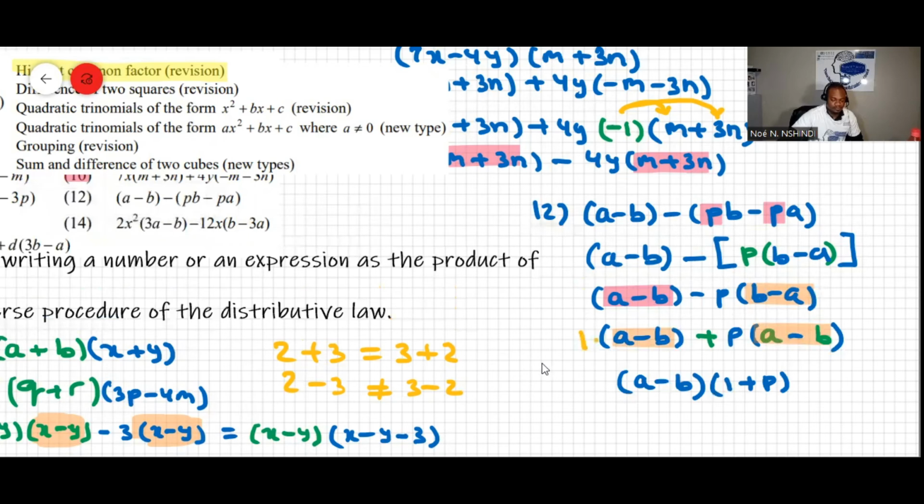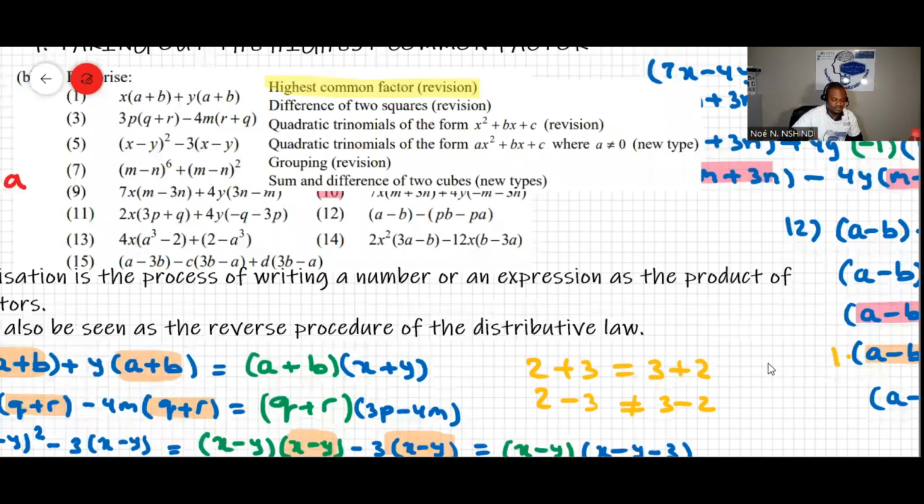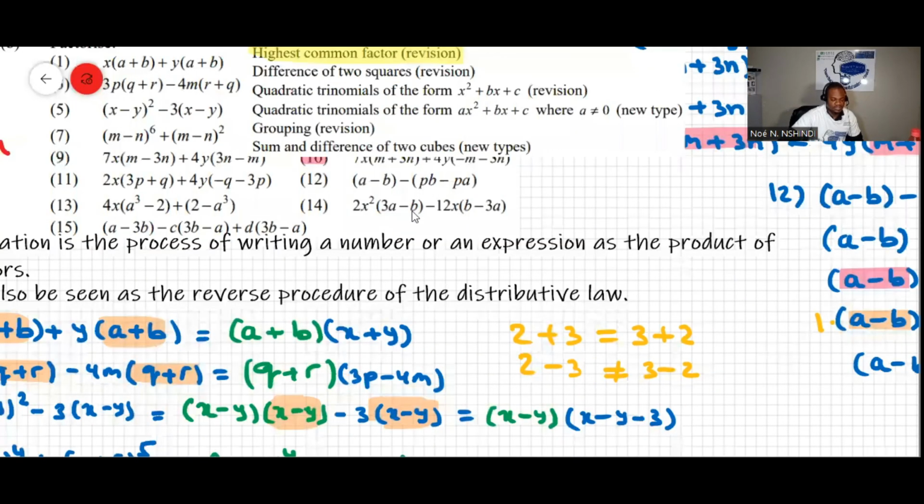The other question, 13. Here we do the same thing as we did in the other questions. We're going to switch 2 with a to the power 3, and then we change the signs here. Over here, same thing: we switch the 2 terms, and then we change the sign.